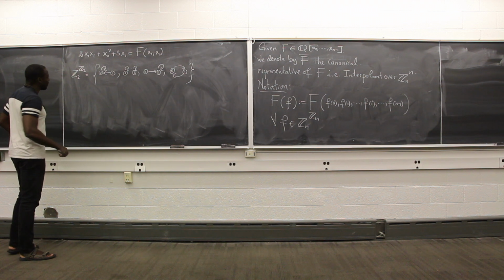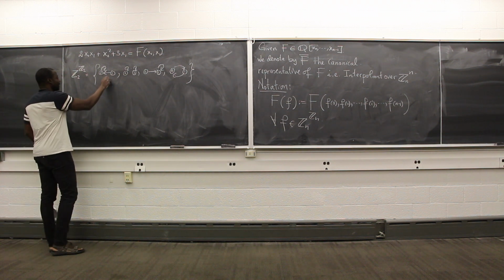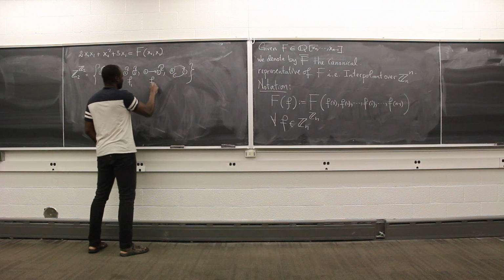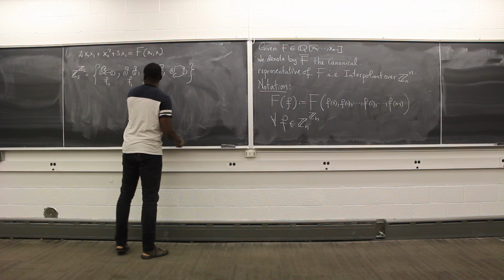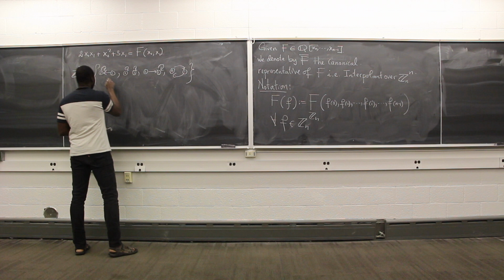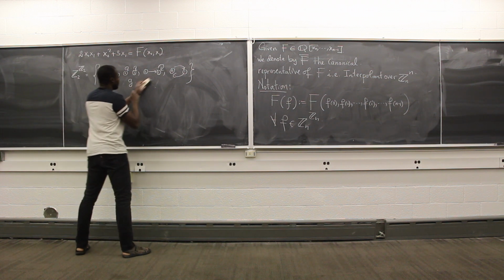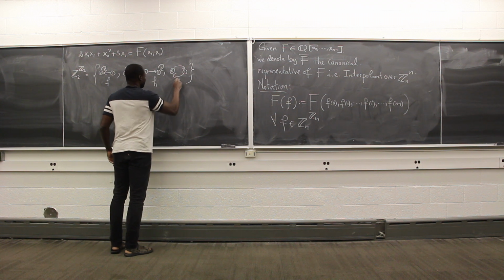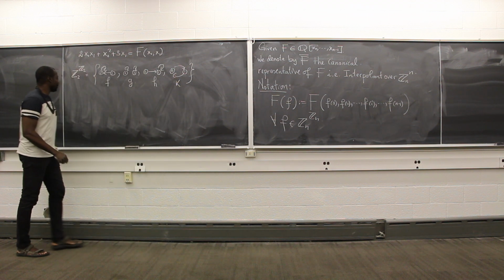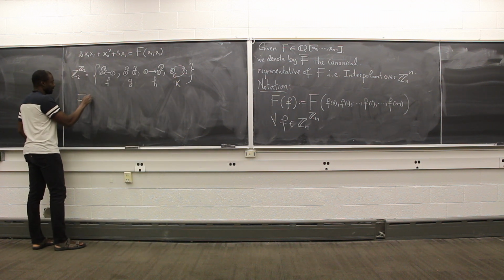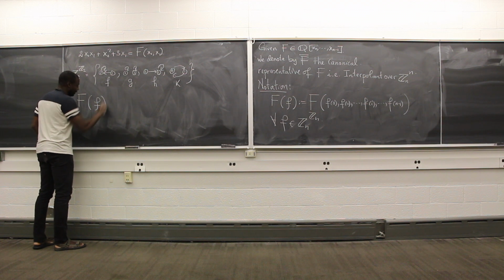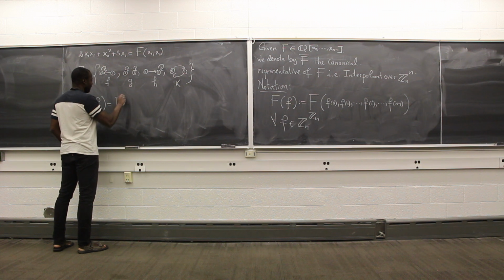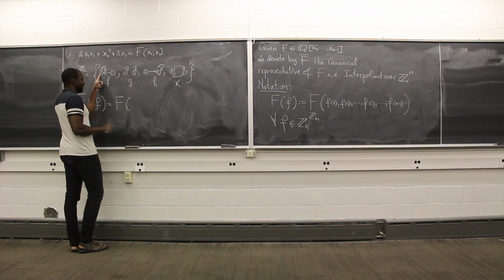Now suppose, let me give them different names. So this is f, g, h, and let's say k. If I do capital F evaluated at the function f, what I'm saying is that I want to compute f at f0.